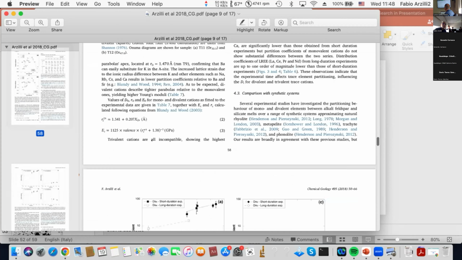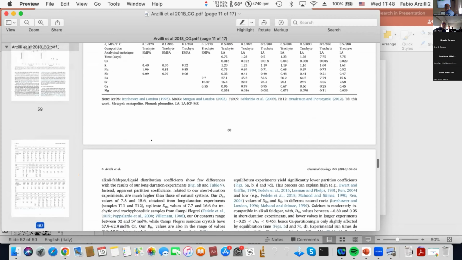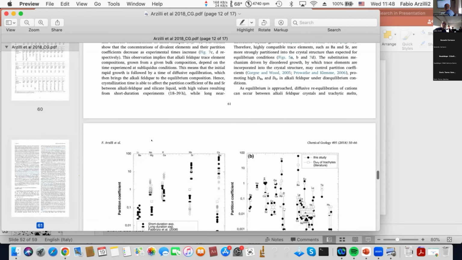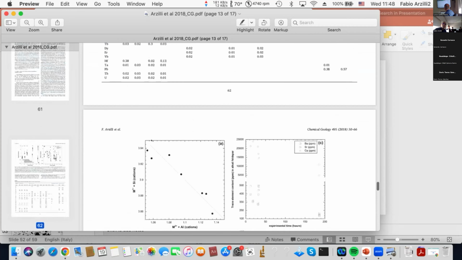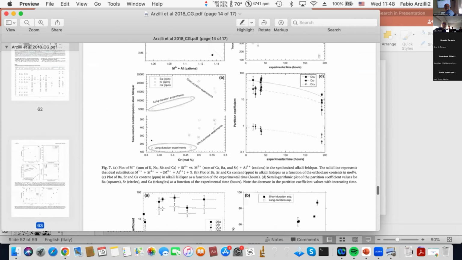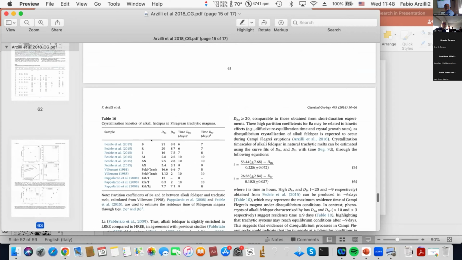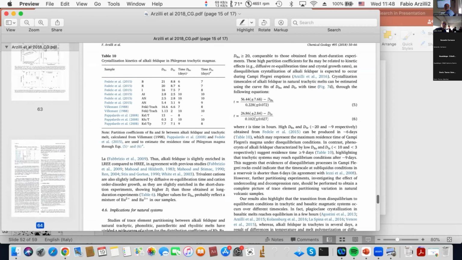And at the end, I calculated this equation for the time scale, based on barium and strontium. You can calculate the time scale if you measure your partition coefficient in alkali feldspar in trachyte; it is valid for trachytes.